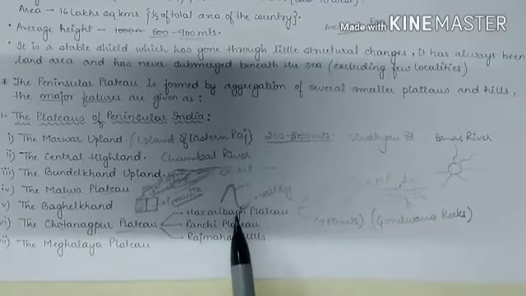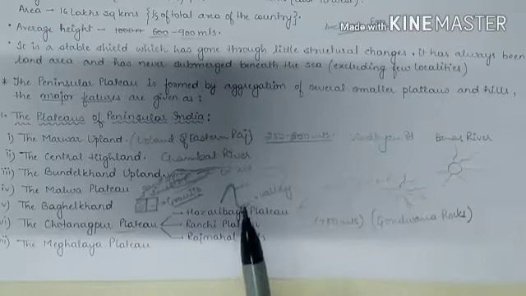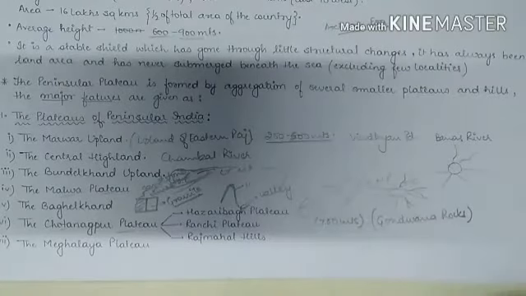Then we have Ranchi Plateau. Ranchi Plateau is towards the south of the Damodar Valley. Now towards the south of the Damodar Valley, this Ranchi Plateau rises to a height of about 600 meters. The maximum height is found in the western part, where there are patches of high mesas.